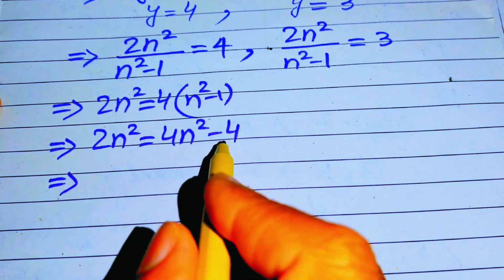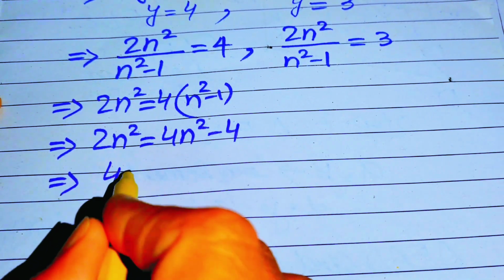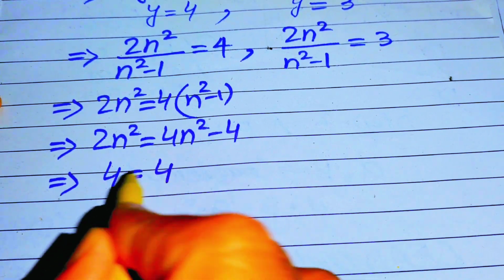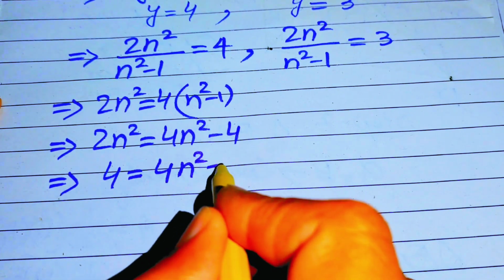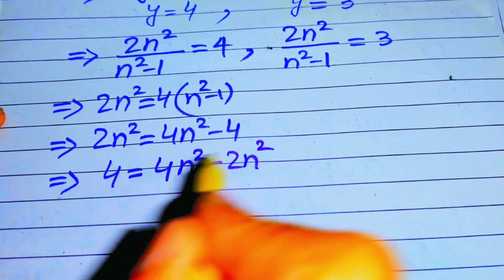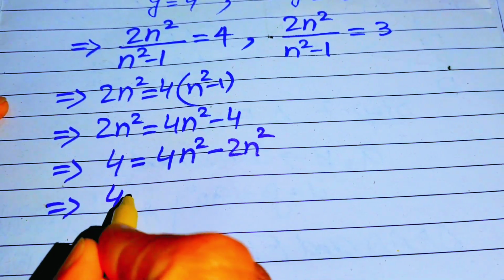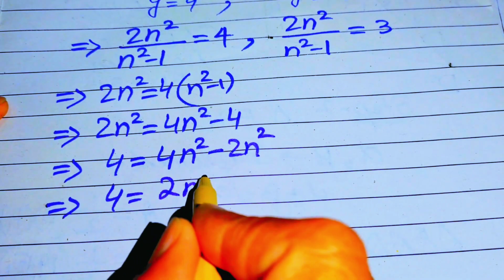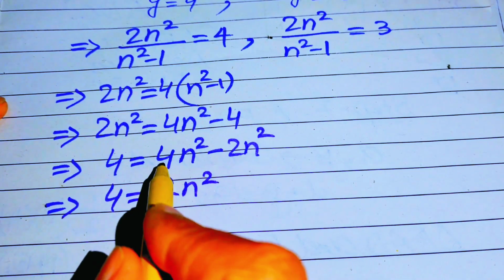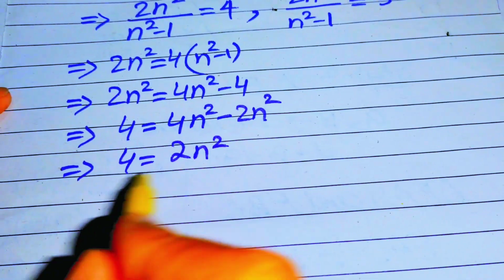And we move this 2 times n square to the right hand side and this minus 4 to the left hand side, and it will be plus 4 equals 4 times n square minus 2 times n square, and this becomes 4 equals to 2 times n square, because when you subtract 4 minus 2 you get 2.